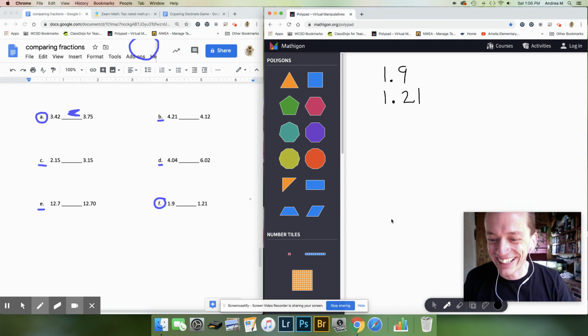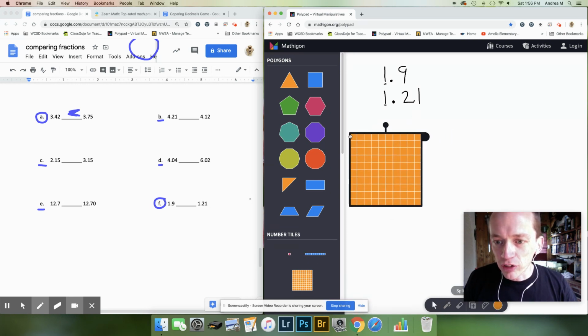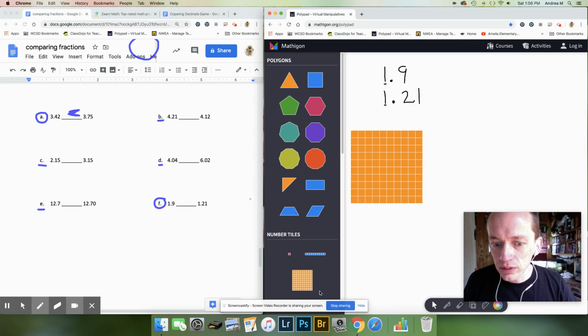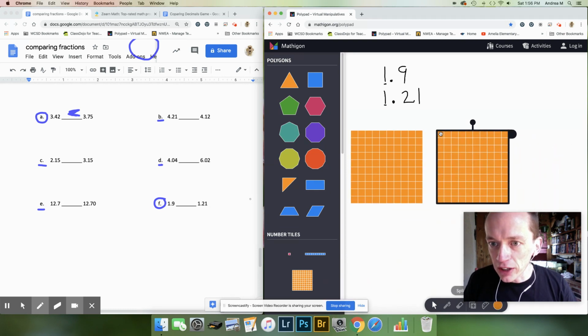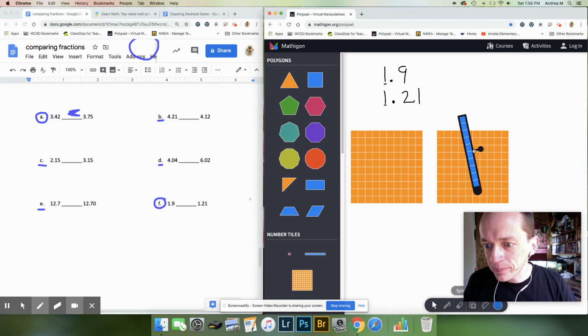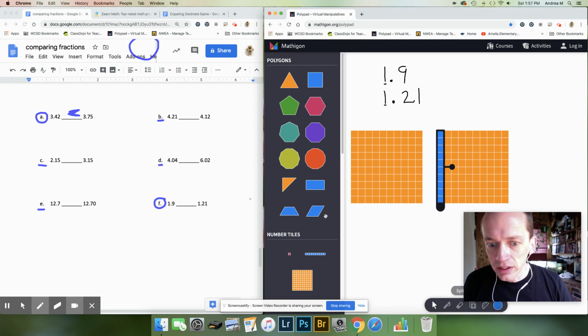All right, so let's take a look at this. We have one whole. So, bring it over to a model, that's one whole. And then I have a portion of another one. So this first one is saying if I have 1 and 9 of these, so I'm going to try to do this in a faster way.